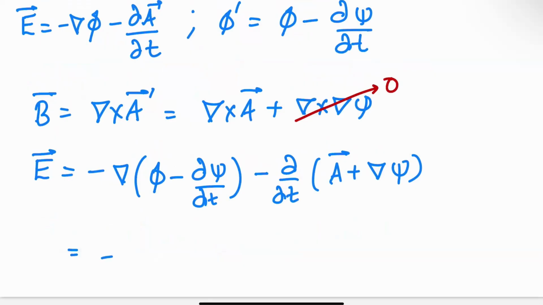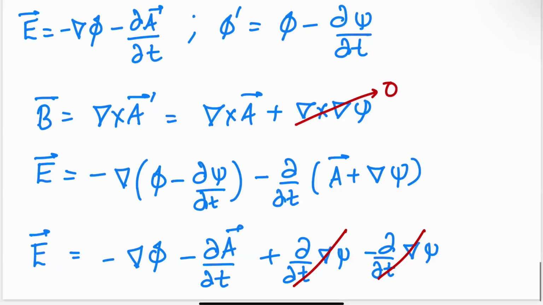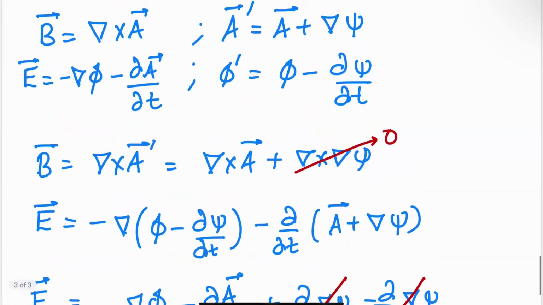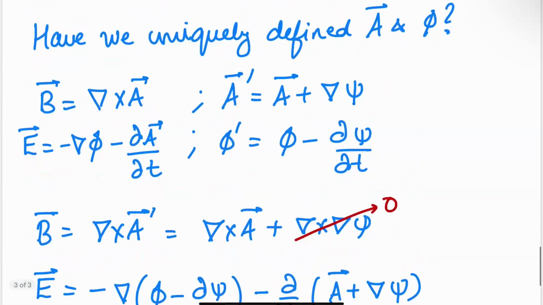And this is nothing but minus gradient phi minus dA over dt plus d dt gradient of psi minus d dt gradient of psi. And of course, these two terms cancel out. So you get back the same equation again. Right? So we see that both A prime, phi prime, and A and phi, both these combinations give us the same E and B. Right? And that means that A and phi are not unique.